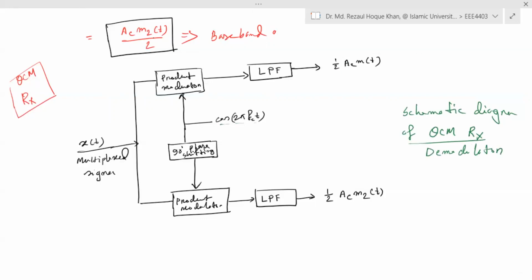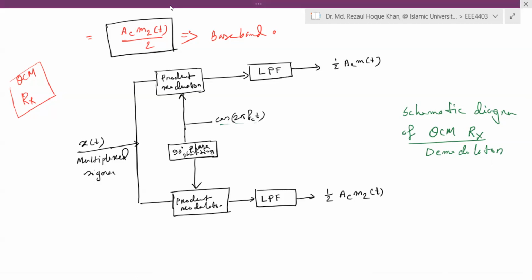We can see that the double sideband suppressed carrier messages can be transmitted through a single channel. Therefore, using orthogonal carriers, two parallel messages can be transmitted on the same channel.